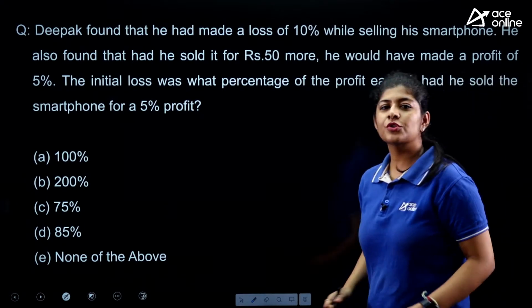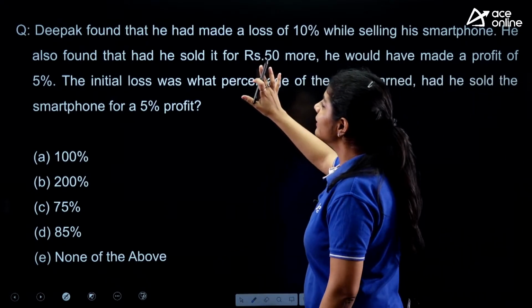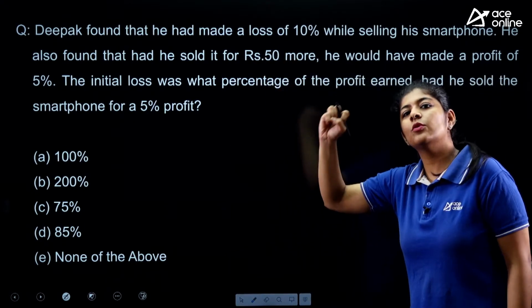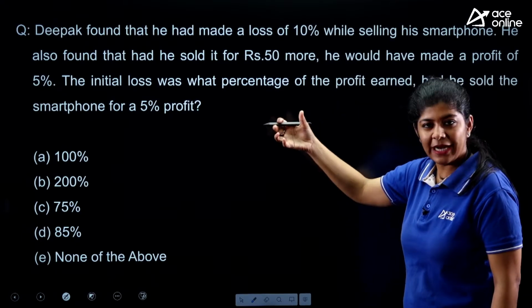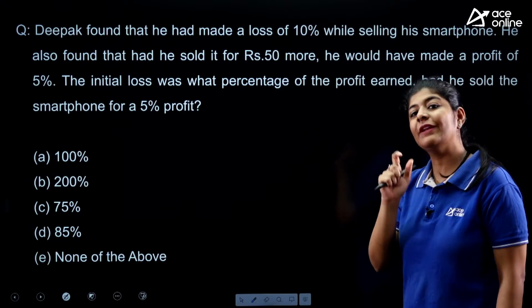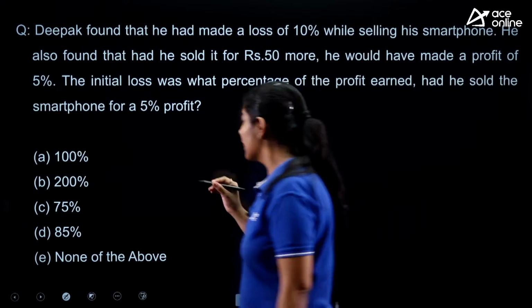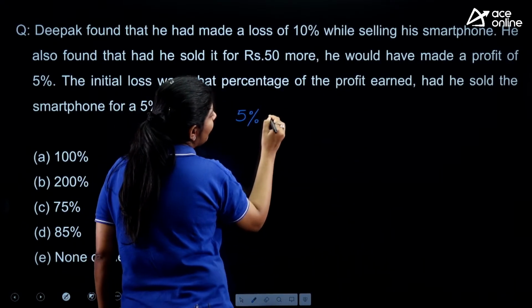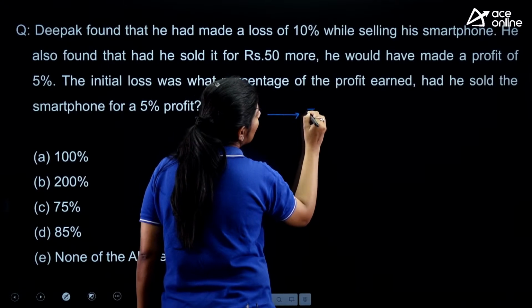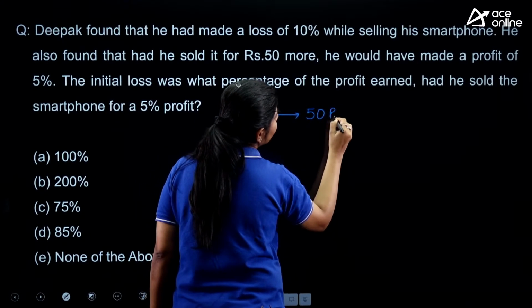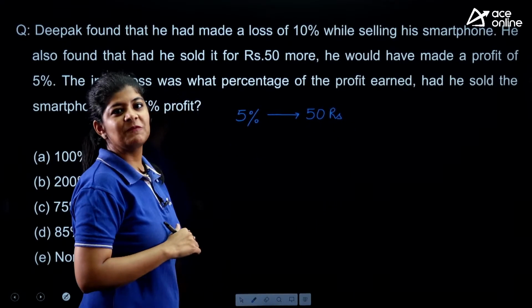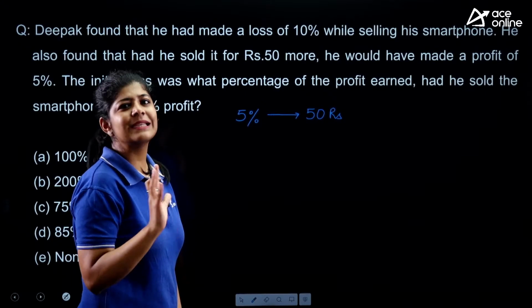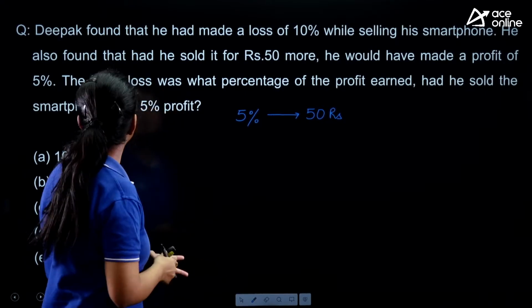Okay, so the question is saying that if Deepak sold that particular smartphone for 50 rupees more, he will get a profit of 5%. That means the value of this 5% profit is equal to 50 rupees, as it is clearly mentioned in the question.